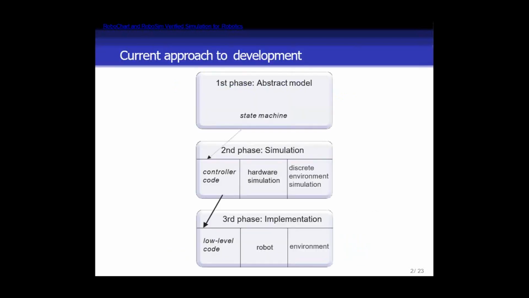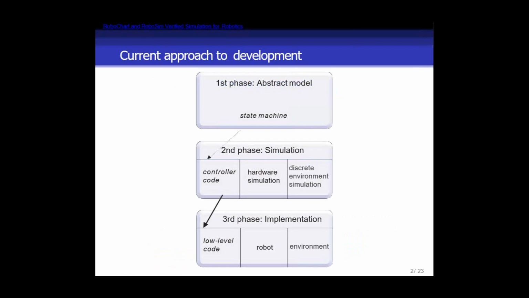Okay, so when we started our work a few years ago, we did some investigation of current practice in industry and the development from scratch of robot controllers and their hardware platforms. And the current approach is kind of summarized by this diagram.